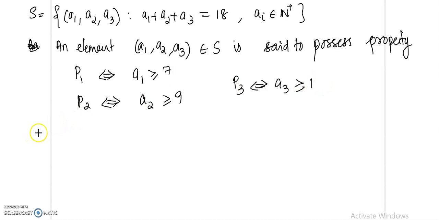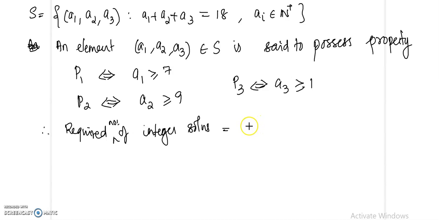So now we need to find the number of elements that possess none of the properties P1, P2, P3. Therefore the required number of integer solutions will be equal to the number of elements in S that satisfy none of the properties.